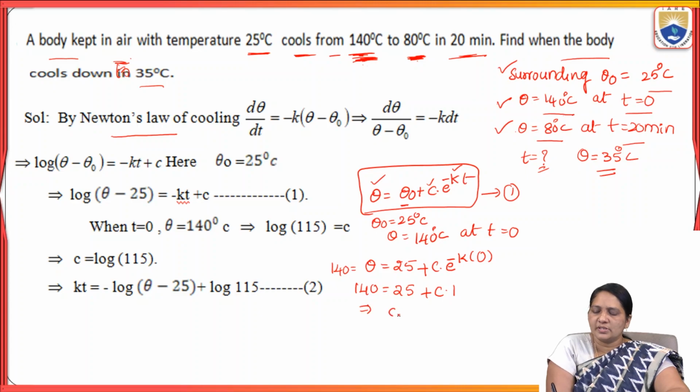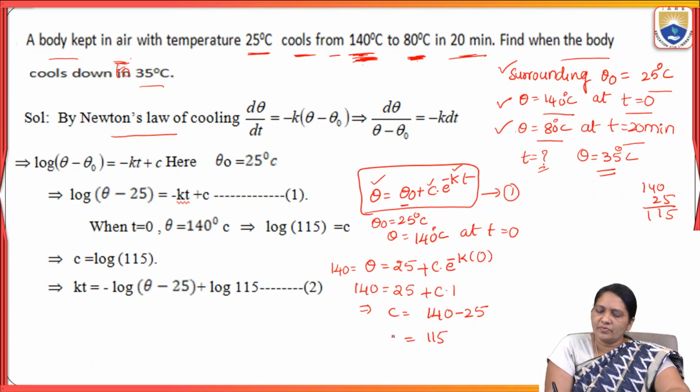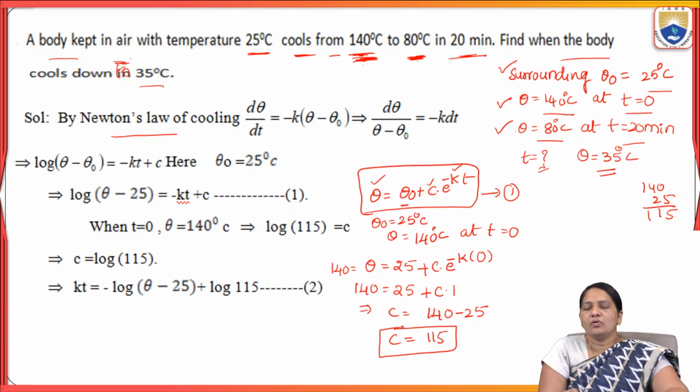So finally C equals 140 minus 25, which is 115. We got the C value from the first condition.